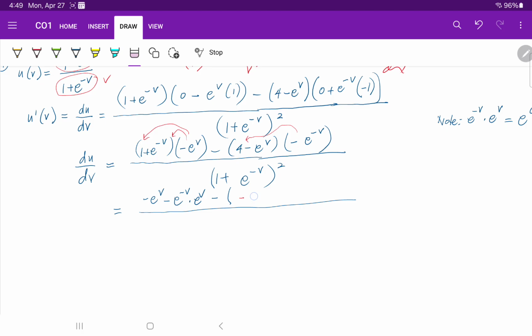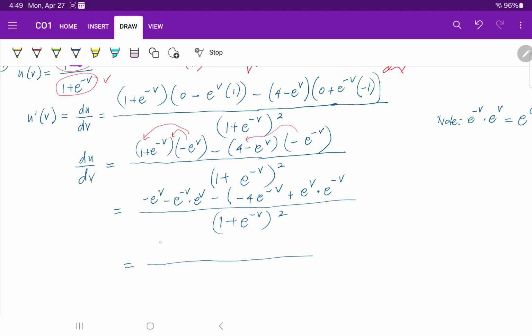We have negative 4 e to the negative v. Then, minus of plus e to the v times e to the negative v over 1 plus e to the negative v squared. So, if we simplify, we'll get what?